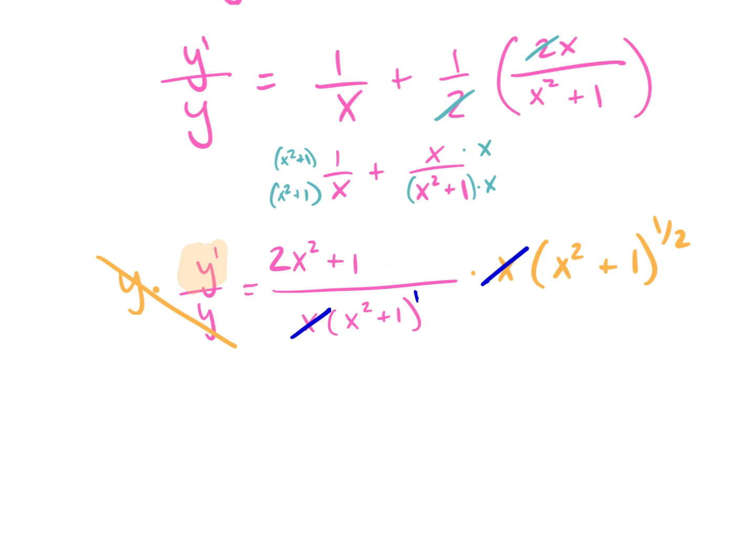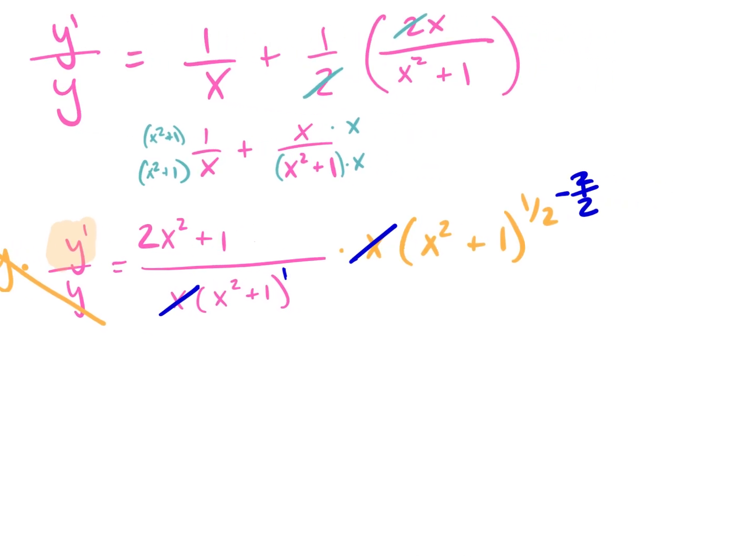How can I combine them? Subtract the exponents. Perfect. So the 1/2 is on top, so I'm going to subtract it by the 1 that's on the bottom. We need a common denominator, so I'll make this 2/2. So 1/2 minus 2/2 would equal what?